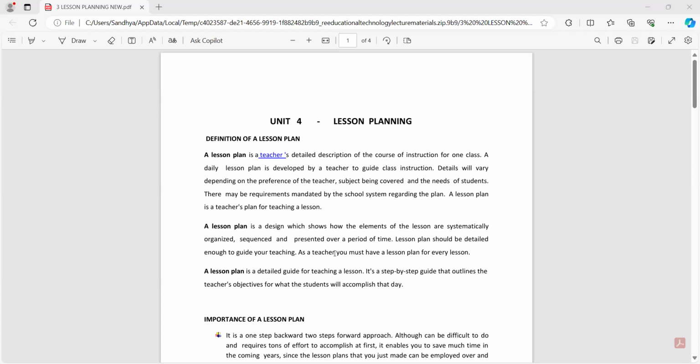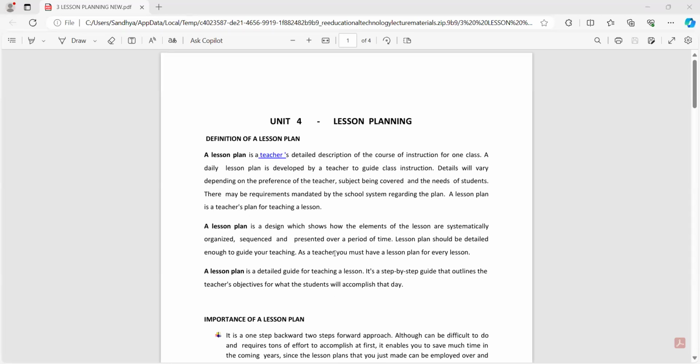Okay. So because of that, whether you like it or not, most teachers don't like writing lesson plans. But if you get into the habit of writing lesson plans, you can see how effective it is, and how feasible conducting your lesson is going to be, if you plan your lessons ahead.